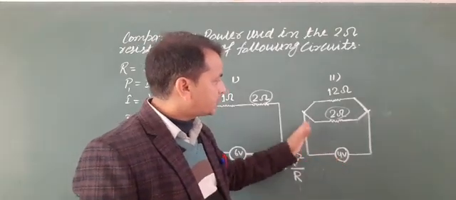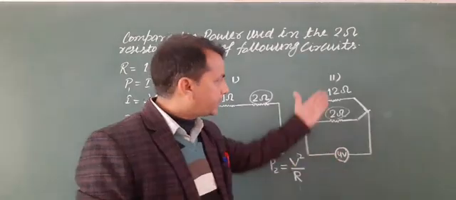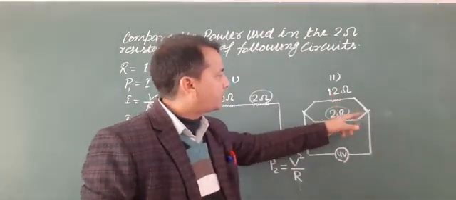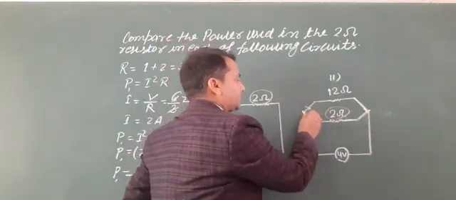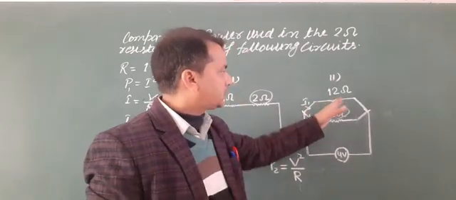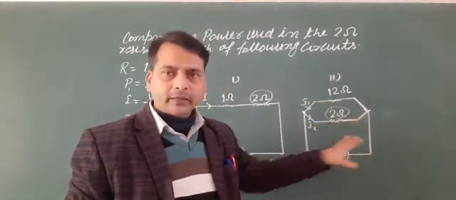The potential difference in each resistor will be the same, because they are connected in parallel, because the 12 ohm and 2 ohm are joined to a common point, and the electric current on each resistor will be different due to the parallel combination.